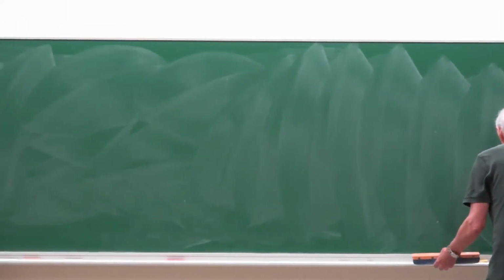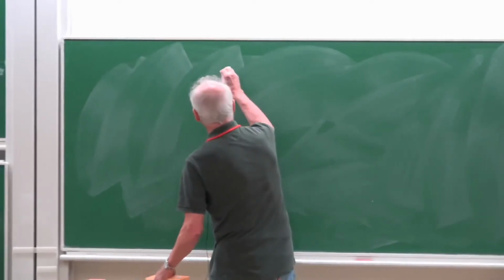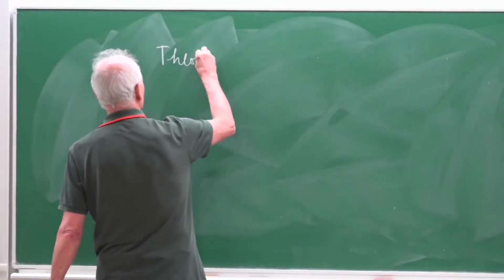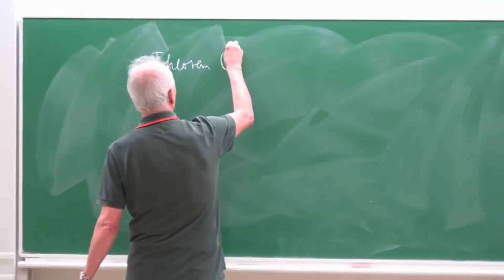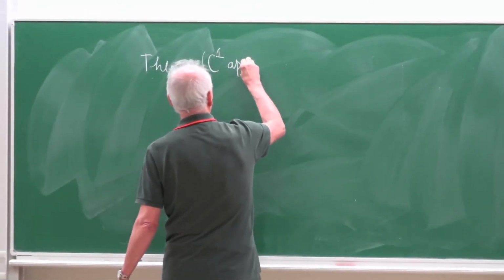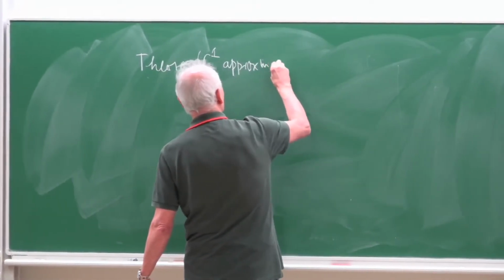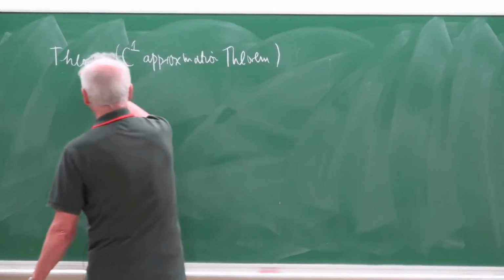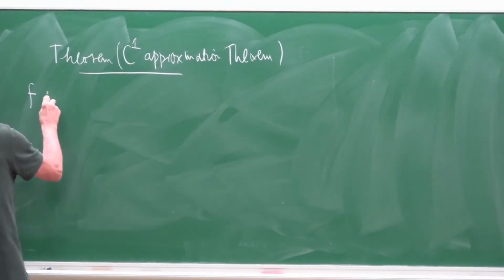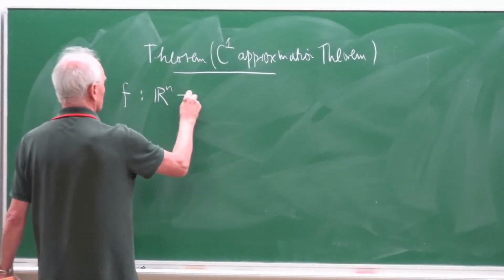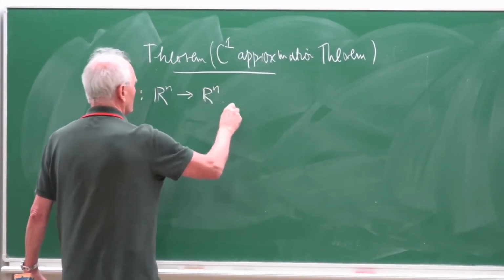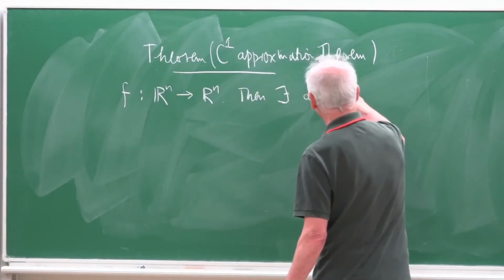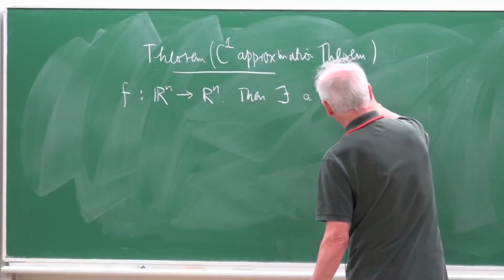Corollary. Theorem. This is the C1 approximation theorem. So suppose f is a Lipschitz function, Rn to R. Then there exists a C1 function g on all of Rn.